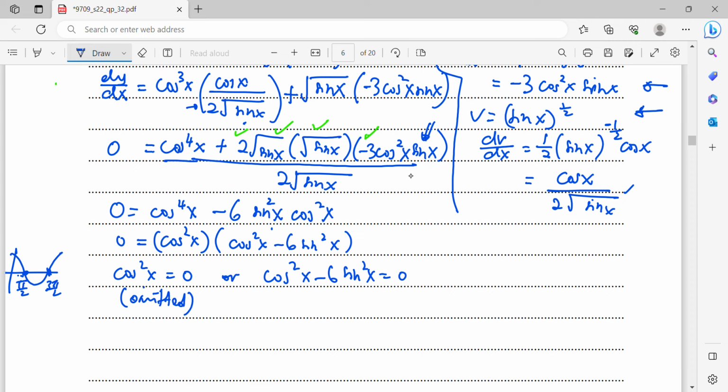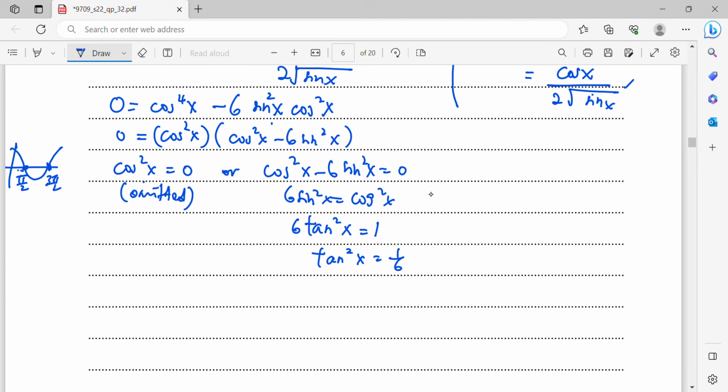Okay, so now we need to refer to the second equation to get the solution. So now 6 sine square x equals to cos square x. You can divide the whole equation by cos squared, so I will get 6 tangent square x equals to 1. Therefore, tangent square x equals to 1 over 6.